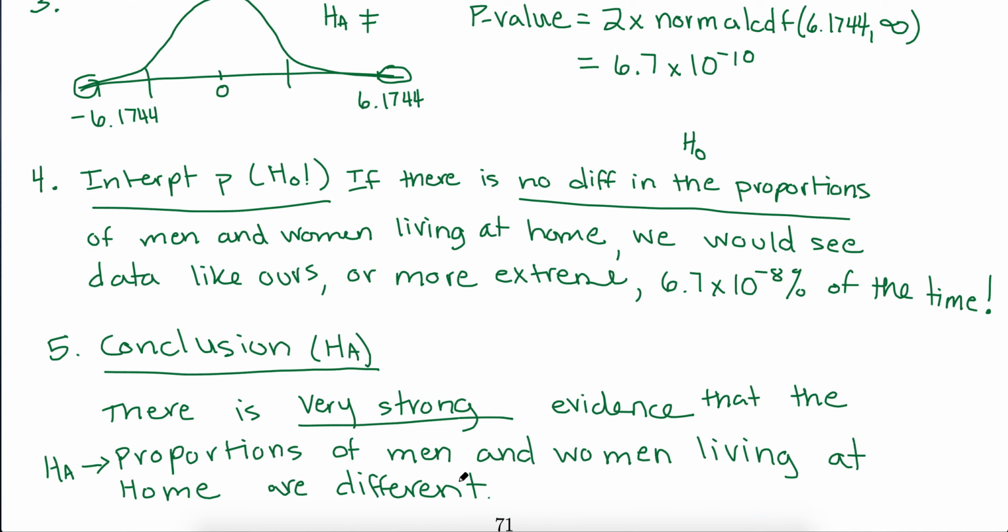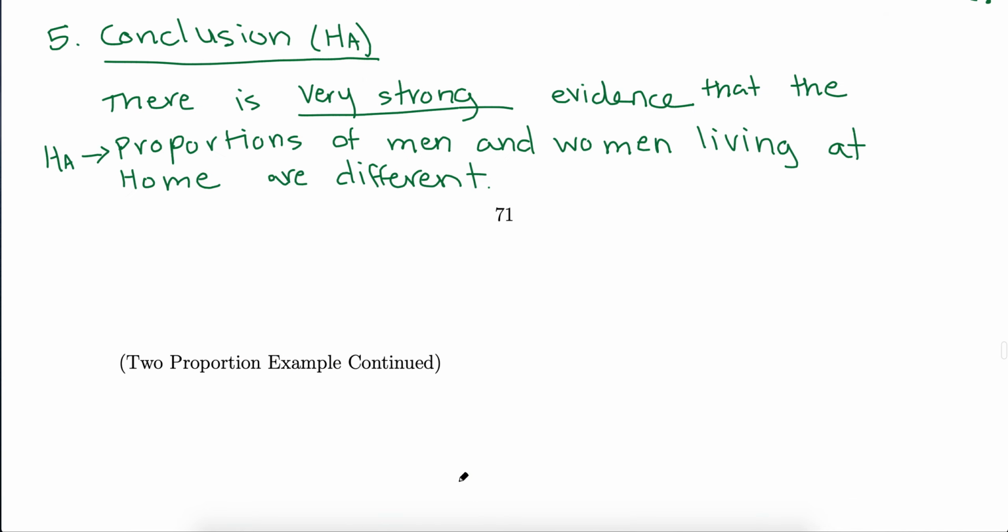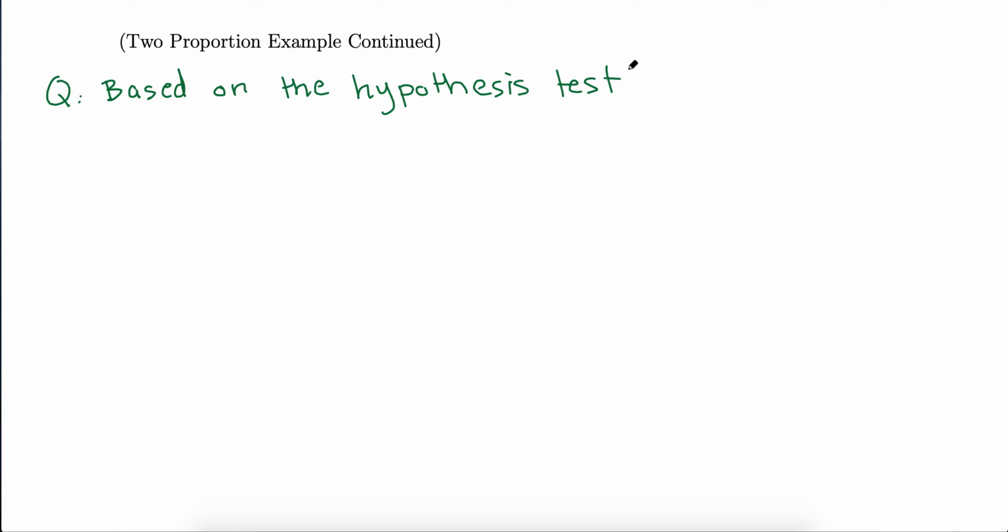Okay. Let me ask you a question, and then we'll have a little bit of a break here and let you try. So let's check out the confidence interval and see what we would get here. But before we check it out, let me ask this question. Based on the hypothesis test, okay, so we mentioned confidence intervals, hypothesis test, those results should agree.